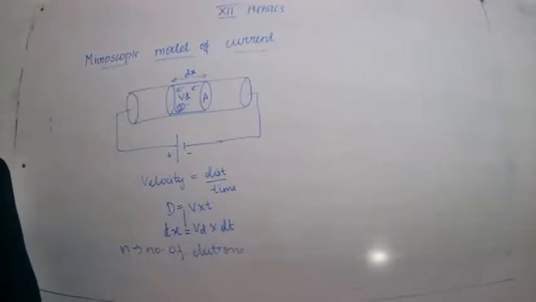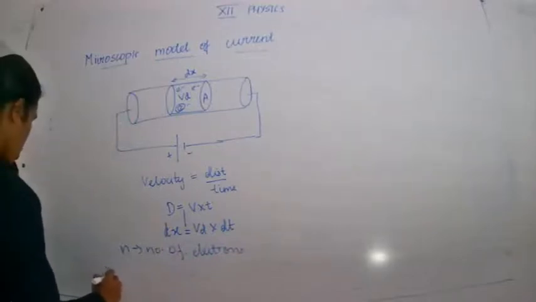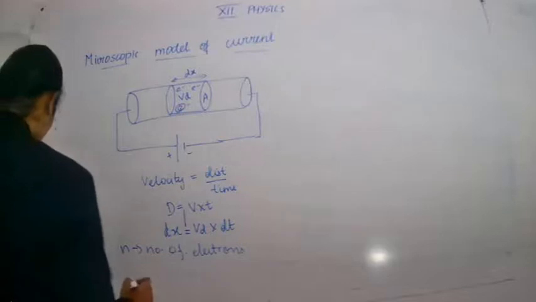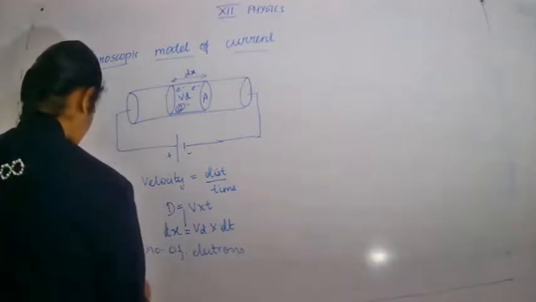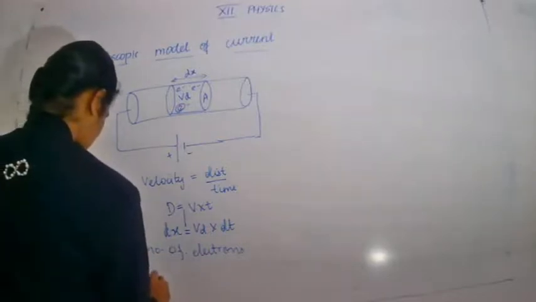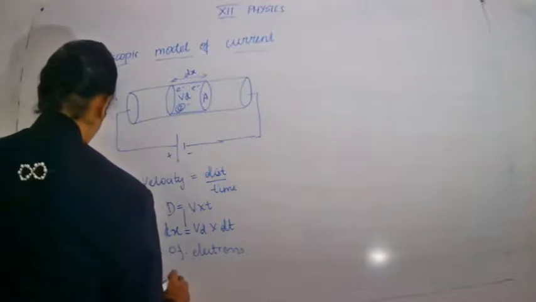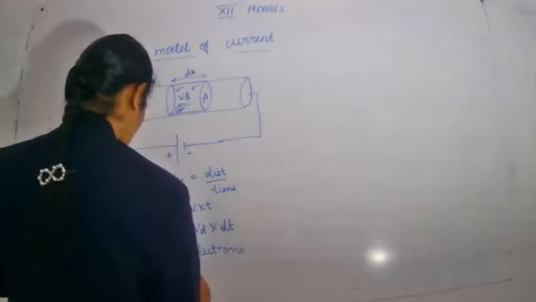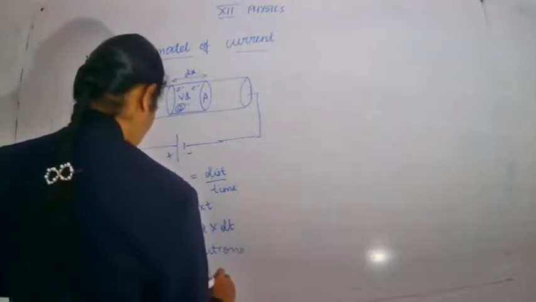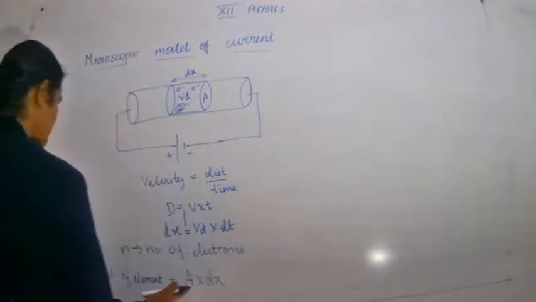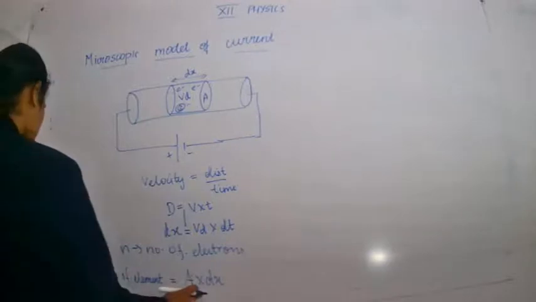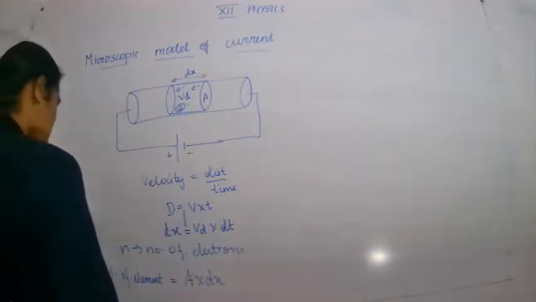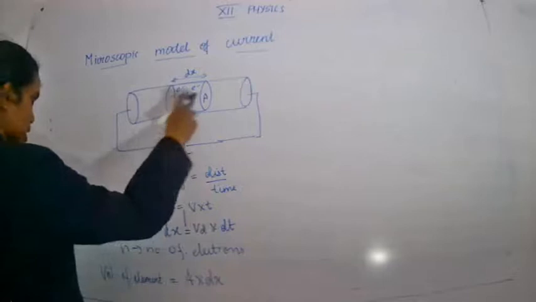Now, volume. We are going to find the volume of the element. Volume of element is equal to cross-sectional area into dx. Volume is area into length, and dx is the length.